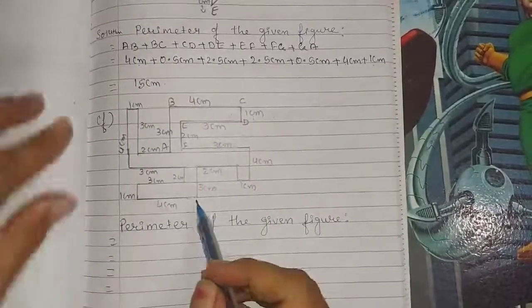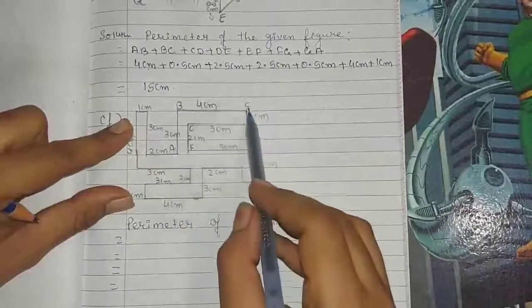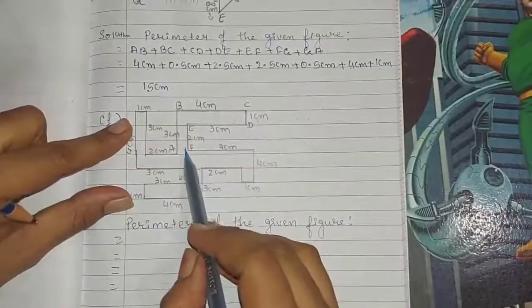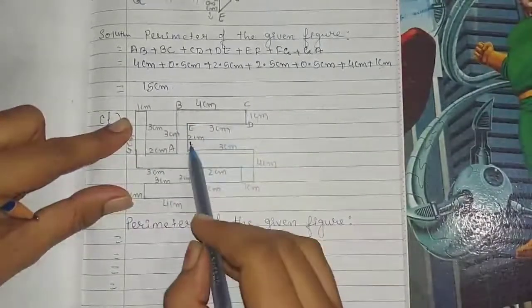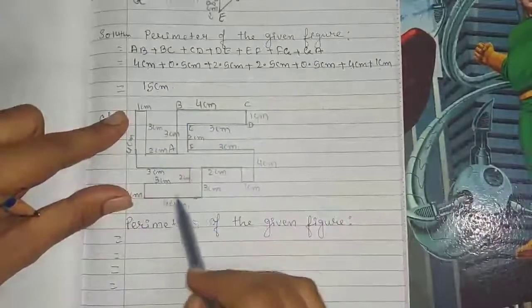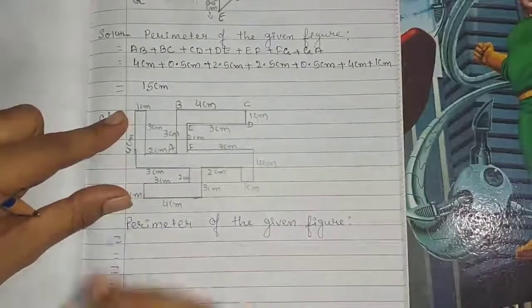So students, we will write AB plus BC plus CD plus DE plus EF, and then we will multiply by 4 because this type of alphabets is 4 times, 1, 2, 3 and 4, and all 4 sides' measurements are the same.